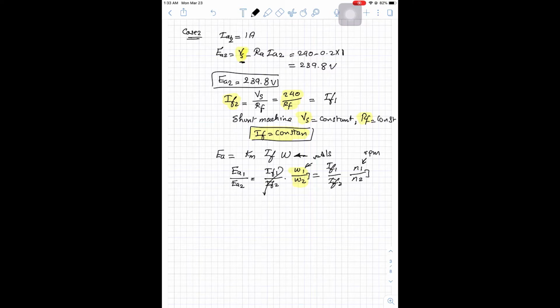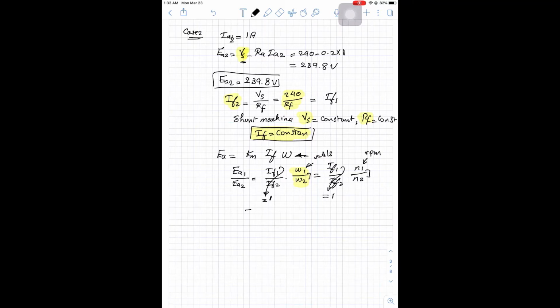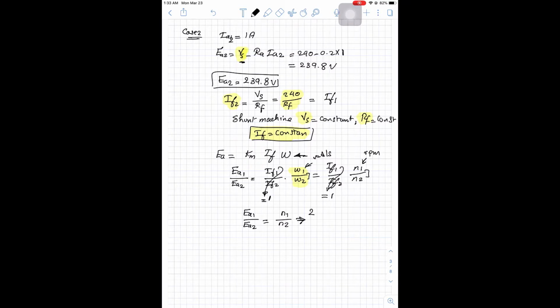And as we said, I field 1 over I field 2 is 1, because the field is constant, so we can say that EA1 divided by EA2 equals N1 divided by N2. EA for case 1 was 236 and the speed was 960.